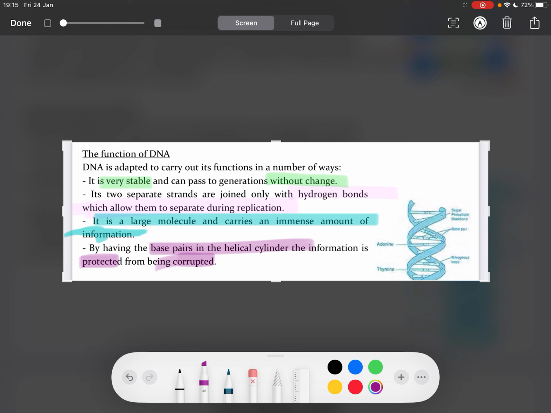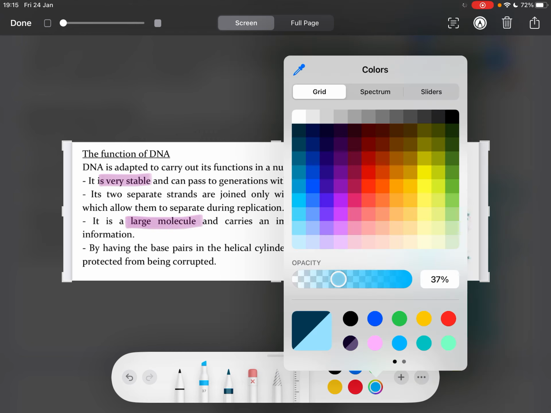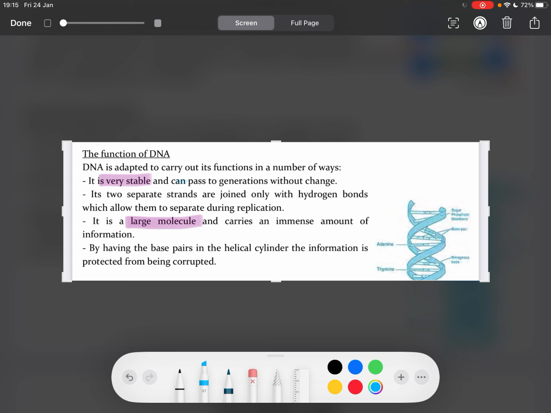So basically, DNA itself is very stable and it's a large molecule. Being very stable and being a large molecule makes DNA pass to generations without change and carry an immense amount of information.